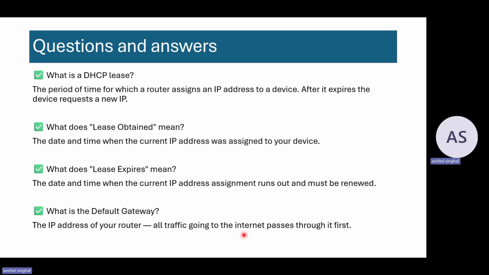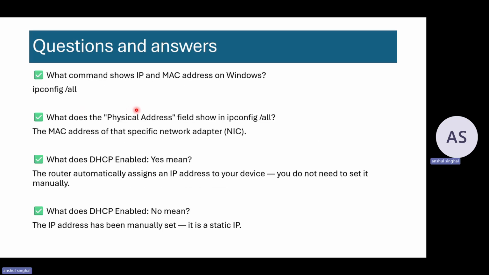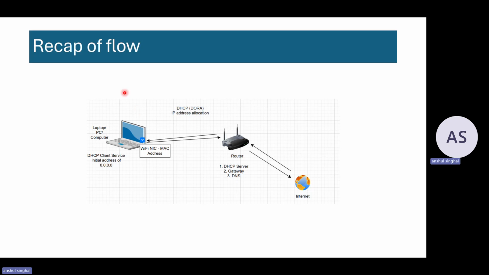Then comes a lease. What is a DHCP lease? As we know, whenever the router is assigning an IP address, if we go back to this, whenever the laptop is booting up, it detects that the network interface card of the Wi-Fi is connected to a router, right?